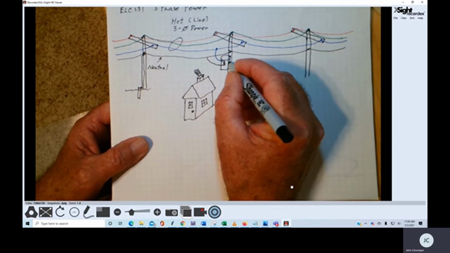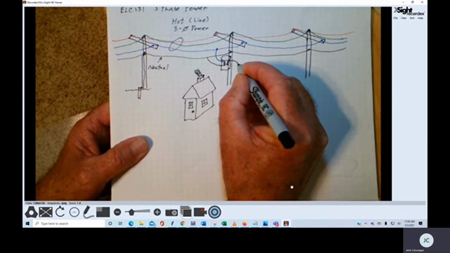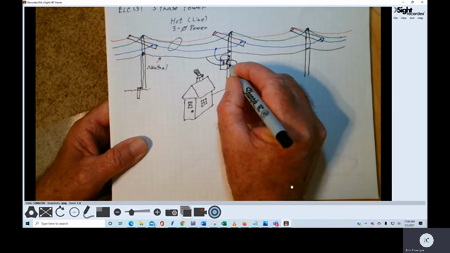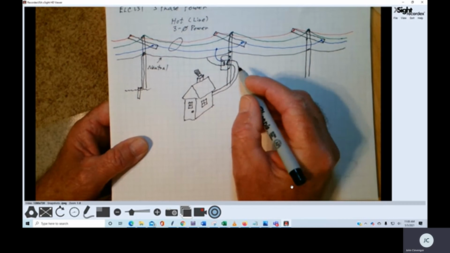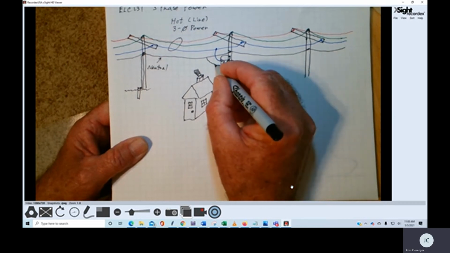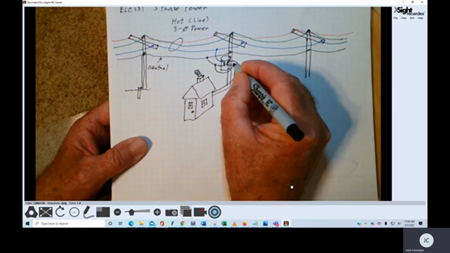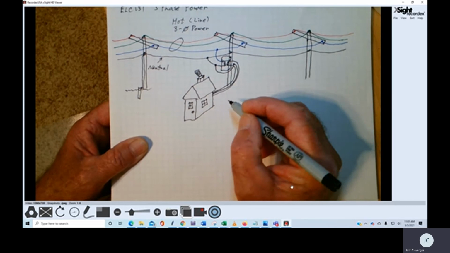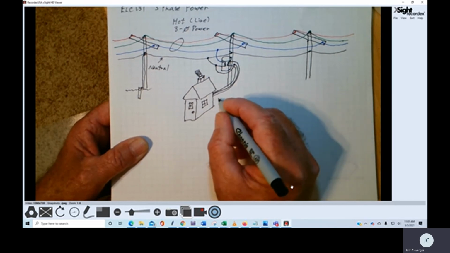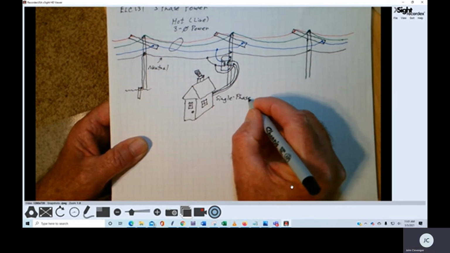And then the secondary of the transformer connects to our house or our home as shown, but we also have a connection from the neutral over here to the output of the transformer. So we actually have 3 wires coming into our home. So coming into our home is a single phase of power.